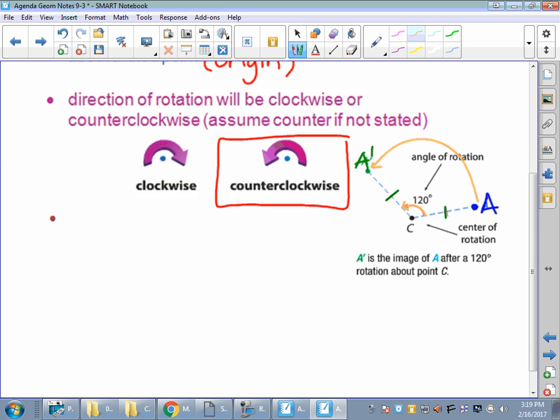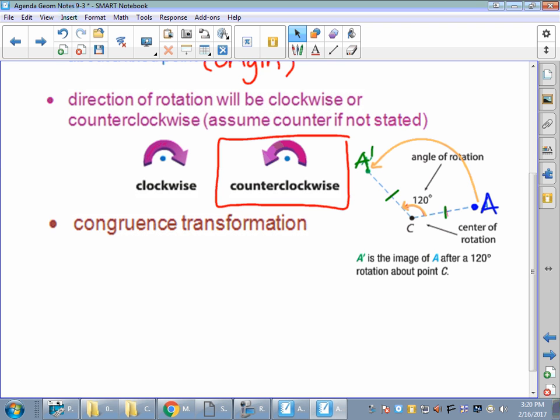And if we took out a protractor and measured, it would be 120 degrees. Now, we're not going to do anything crazy like 120 degrees. We're going to stick to our basics, 90s, 180s, and 270s. So we don't have to get too crazy with measuring and everything else, but we could do that.